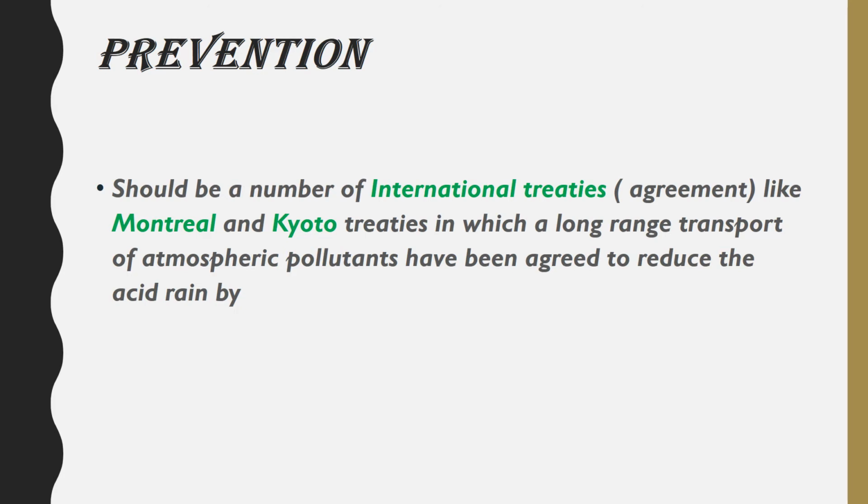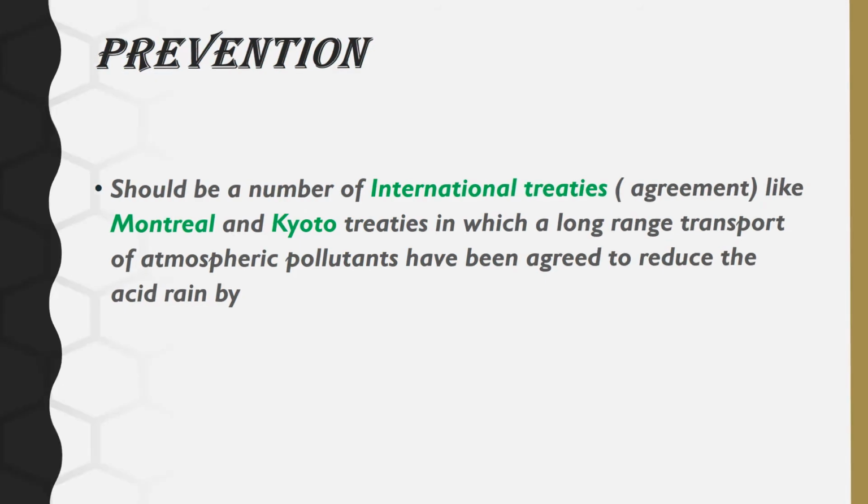So between these two cities, there was an international treaty that there will not be long range transport of atmospheric pollutants, agreed to reduce the acid rain indirectly by reducing long range transport. They can reduce the emission of hazardous, dangerous gases. So by reducing these gases, the acid rain can reduce. So this is the prevention.